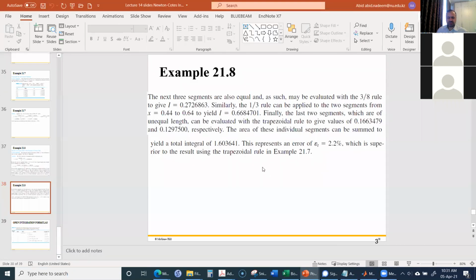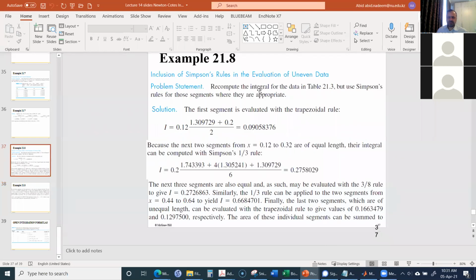So that was the application of the unequal data with the inclusion of Simpson's rule. Inclusion of Simpson's rule is better because Simpson's rule is much more accurate than the trapezoidal rule. Therefore, whenever there's a possibility for the inclusion of Simpson's rule, we can apply it. Okay.